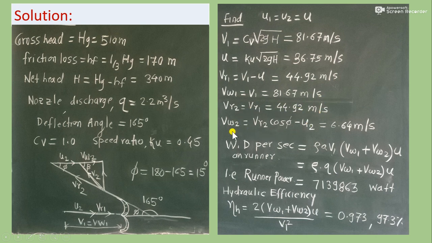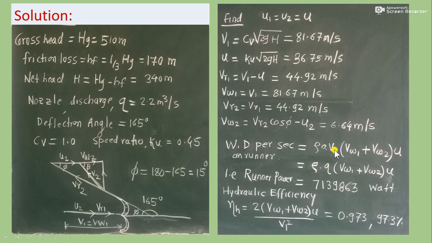Then Vw2 we get from the outlet velocity triangle. This is a formula we have seen in theory. So Vw2 is equal to VR2 cos phi minus U2. So Vw2 we calculate. We are asked to calculate work done per second on runner. So for this, either you use the formula rho a V1 times the summation of whirl velocities into U. Now here as discharge is given, so discharge is what?